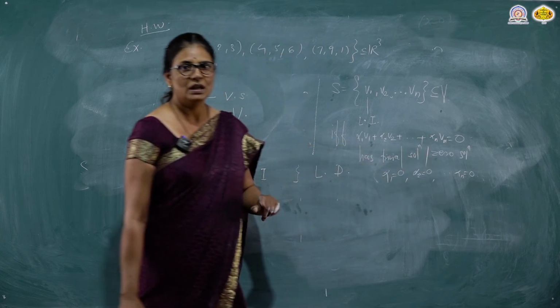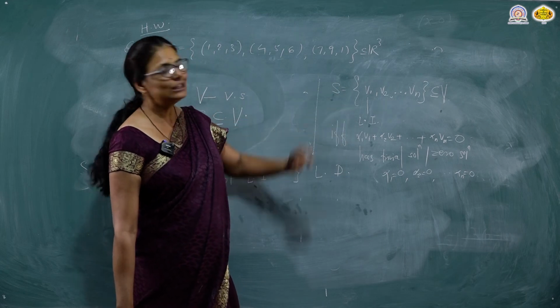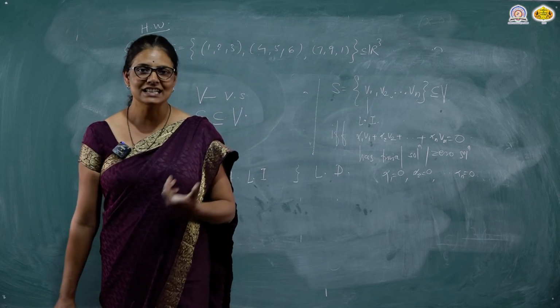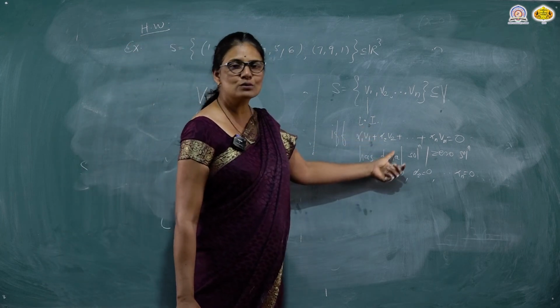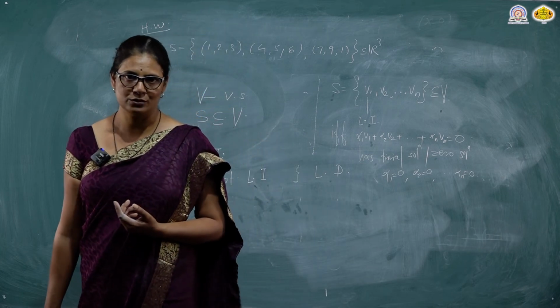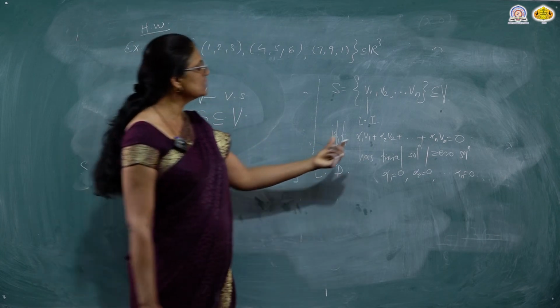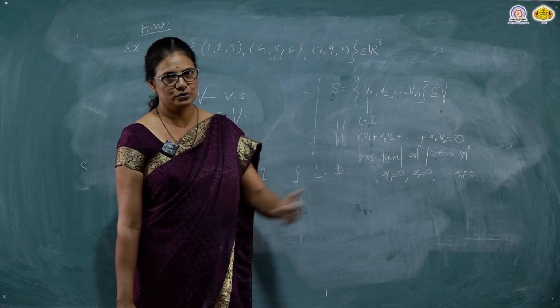Another way to say it: S is linearly dependent if and only if this equation has a non-trivial, non-zero solution, or you can say infinitely many solutions. That is, there exists at least one solution in which at least one variable is non-zero.